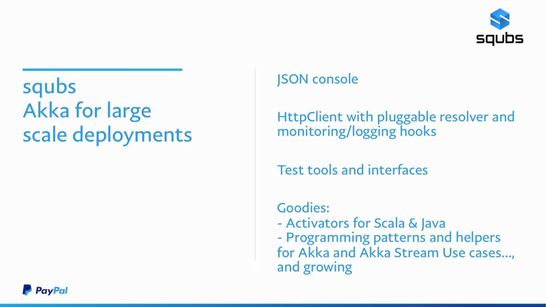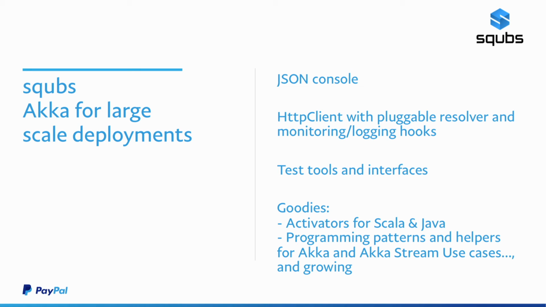You can just specify a logical service name like payment serve, and with the service discovery mechanism, whatever you register for your own company, it will be able to resolve it to the actual address. There is also a request and response filtering chain for the HTTP client, which we don't get out of the box with Spray or Akka HTTP.